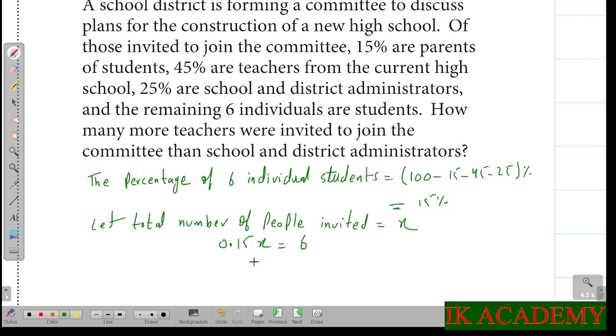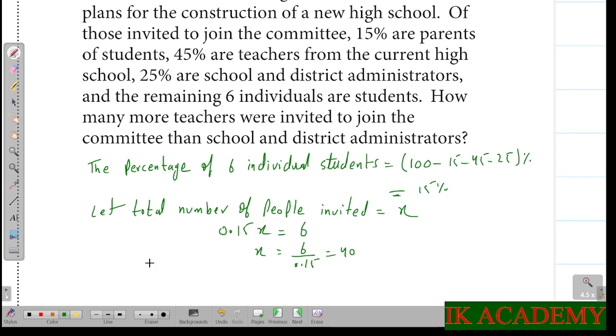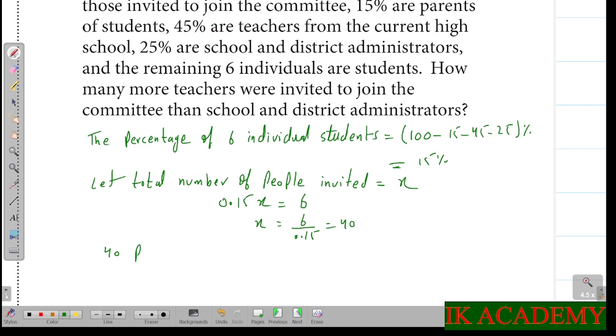So from here we can find the total number, which is X. X is equal to 6 divided by 0.15, which is equal to 40. So I can say 40 people were invited to join the committee.